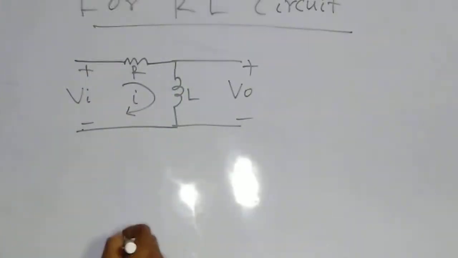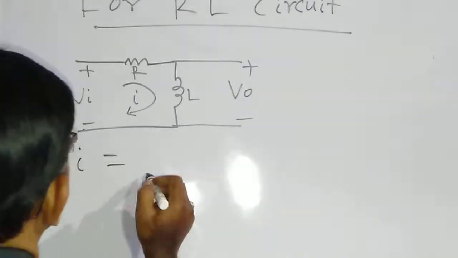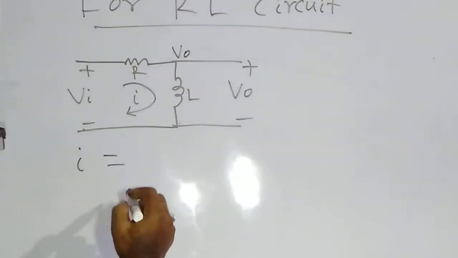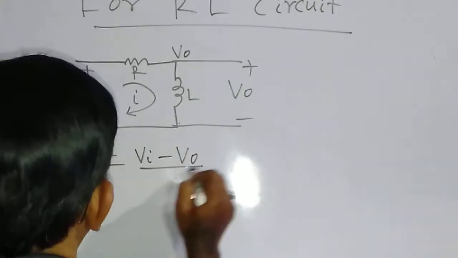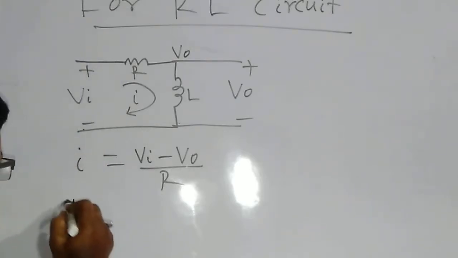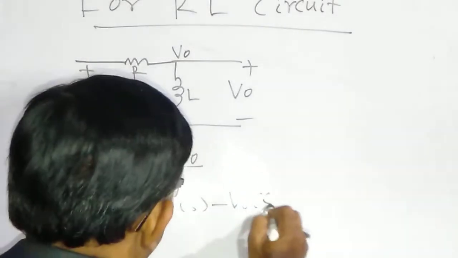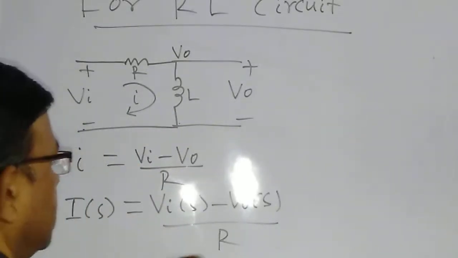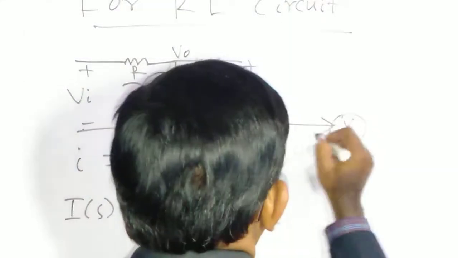The first step is to find the branch current here, that is I is equal to Vi minus V naught divided by R, where the node voltage is V naught. So taking Laplace transform, I of s is equal to Vi of s minus V naught of s divided by R.